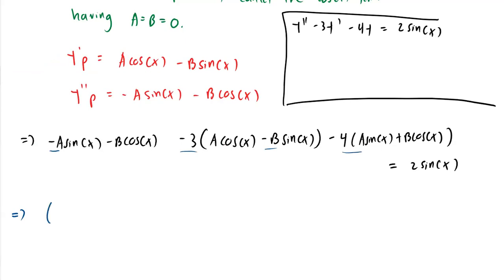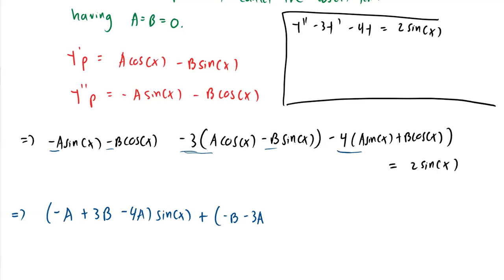So I see a minus A plus 3B and a minus 4A. Now let's see what we find for cosine. So for cosine, I see a minus B. I see a minus 3 times A, so a minus 3A. And I see minus 4B.